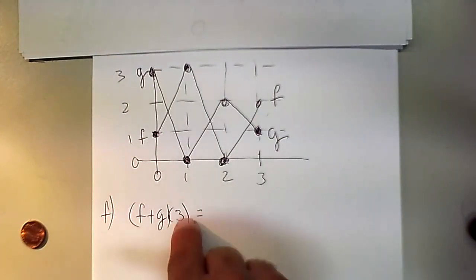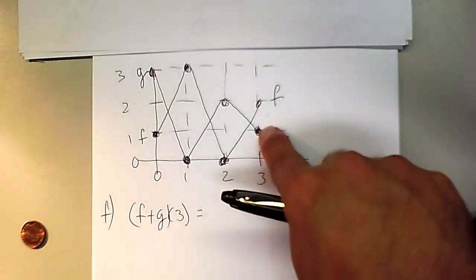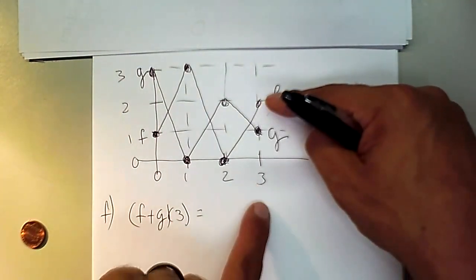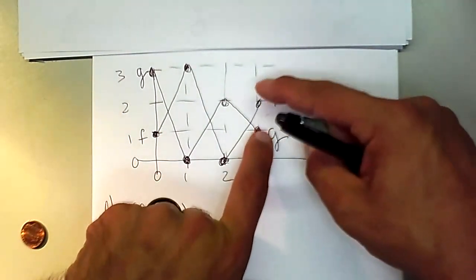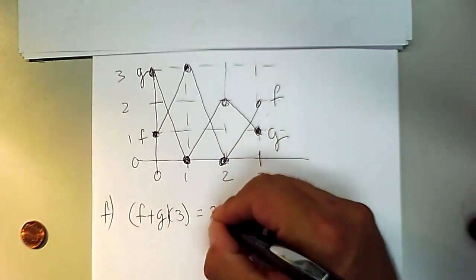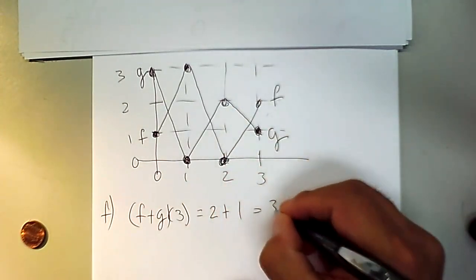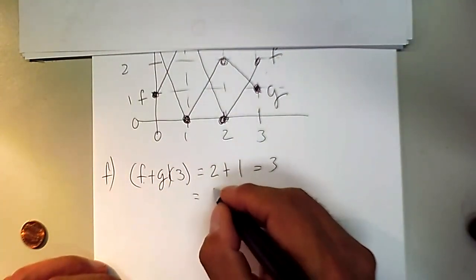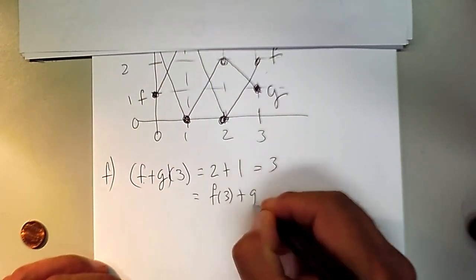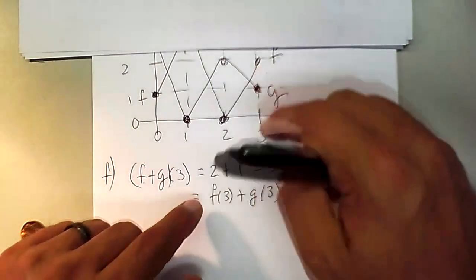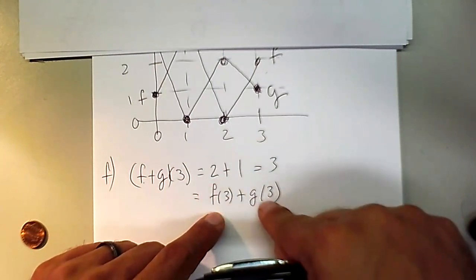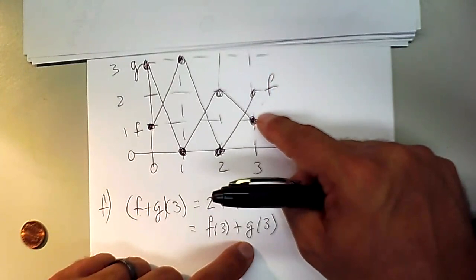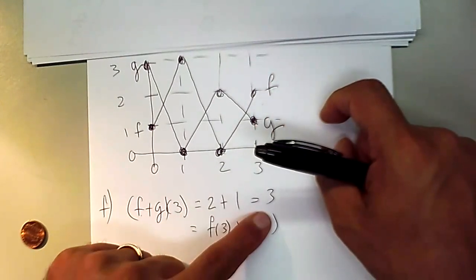F of 3 is 2, and G of 3 is 1. So 2 plus 1 is 3. Actually, let me break this up. F plus G of 3 is the same thing by definition as F of 3 plus G of 3. And so F of 3 is 2, G of 3 is 1, so that's how we get 2 plus 1 equals 3.